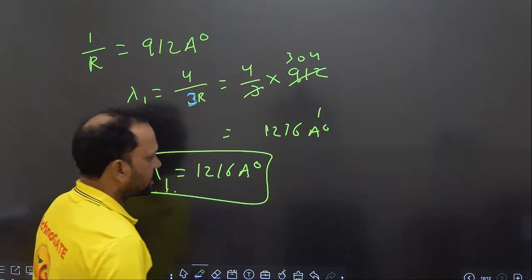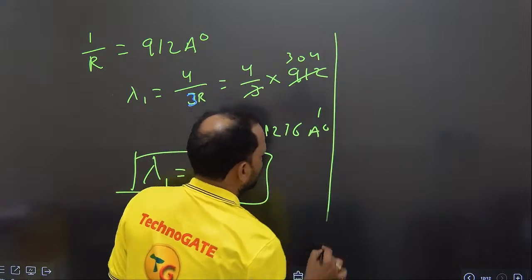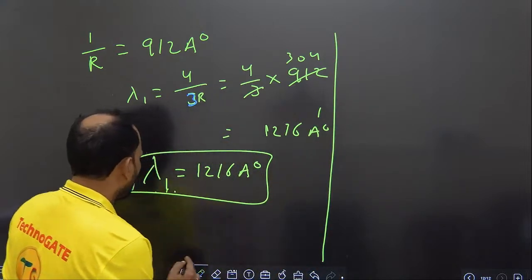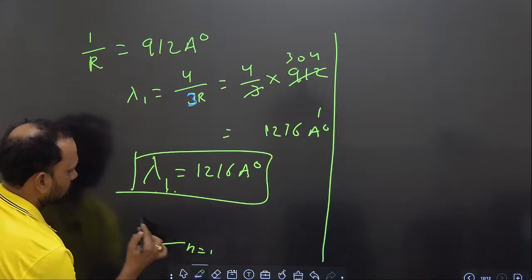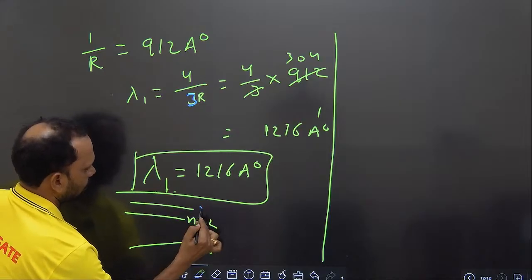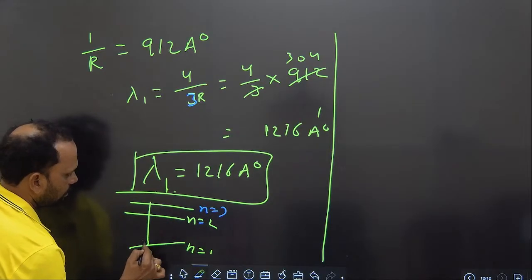Next, the second member of the Lyman series. Second member means from n is equal to 3 to n is equal to 1.